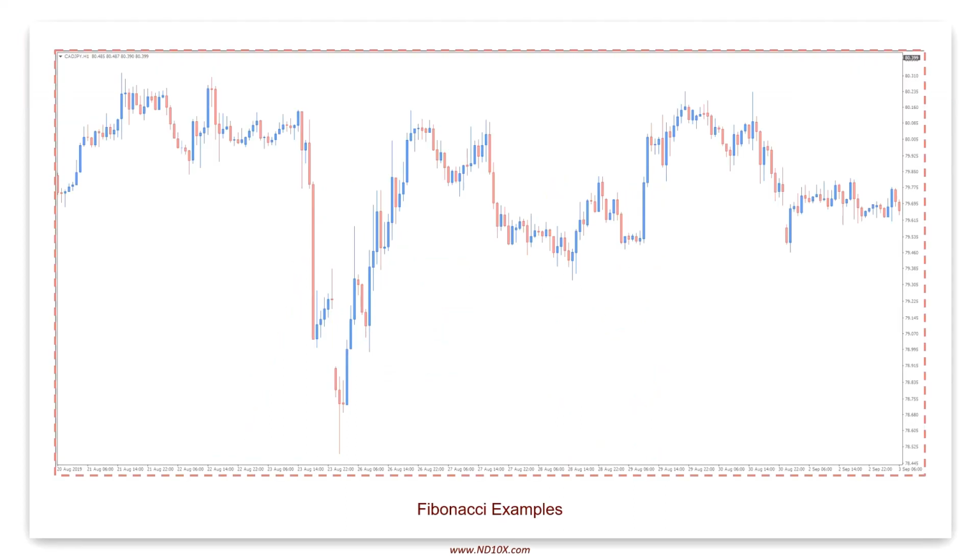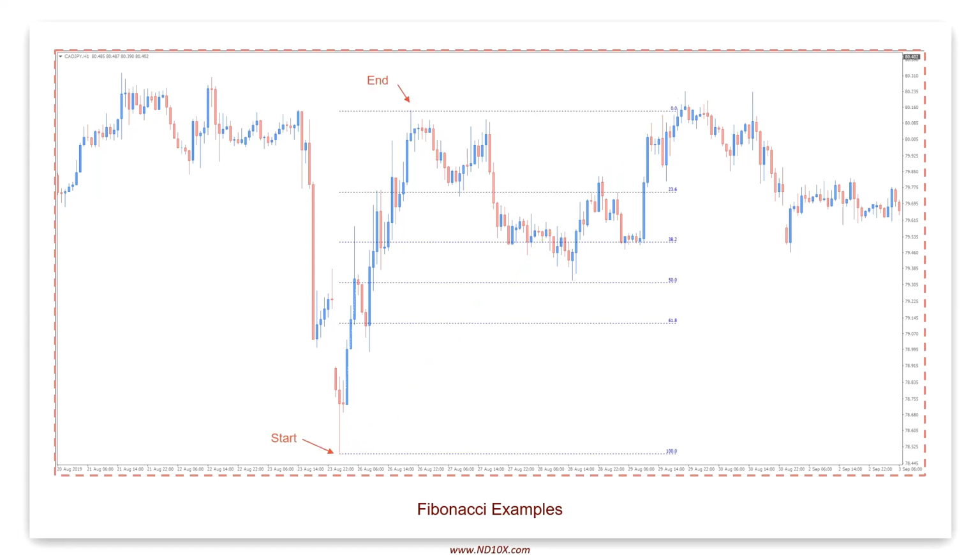Now, if we look at this pair, that's the Canadian dollar yen, we can clearly see that here is the uptrend. So what we can predict with the Fibonacci retracement in this case would be this pullback, and we would draw it from the start to end of the previous trend move.